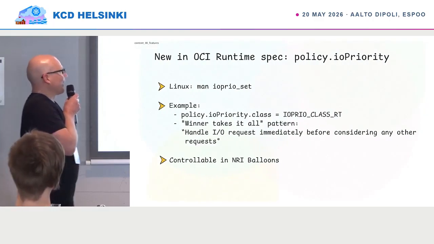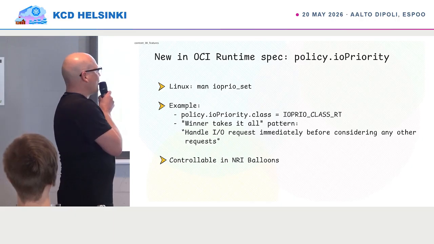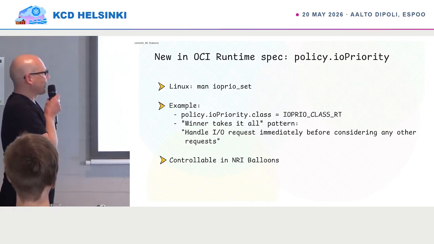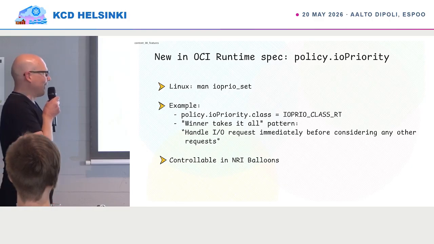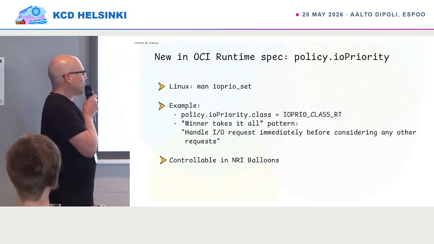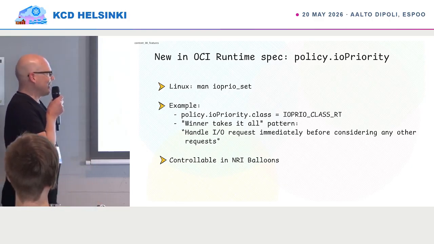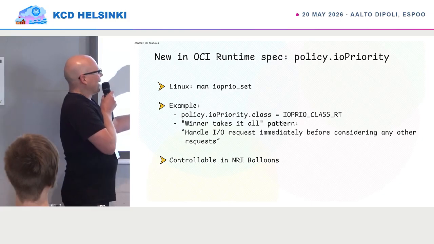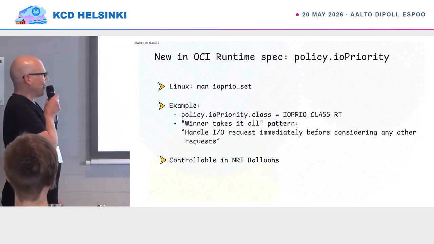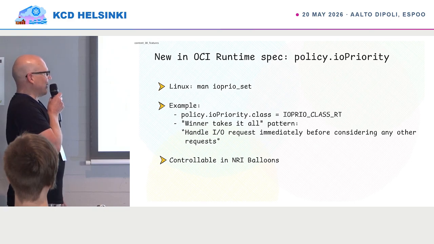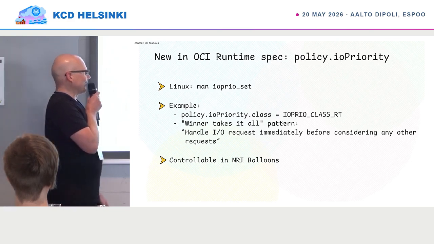Second thing that I want to mention is policy.io priority, which is a similar thing for the IO scheduler. So when processes want to access IO devices, they create IO requests, and the Linux IO scheduler is responsible for selecting which IO request will be handled.